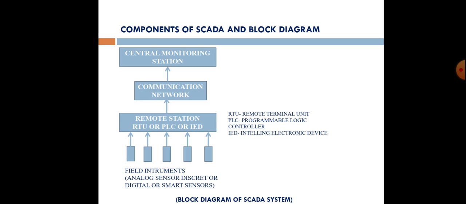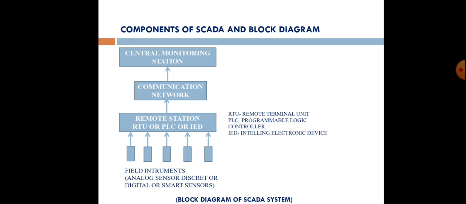Now we see the first component, remote station. Field instruments connected for the monitoring and control of the plant or equipment are interfaced with the remote station so that the manipulation in the system can be made. It is used to obtain data from the equipment and to send it to the SCADA control system.